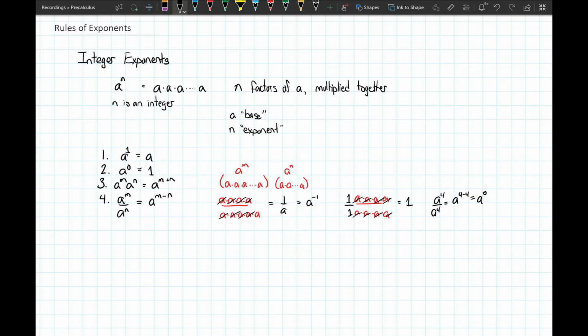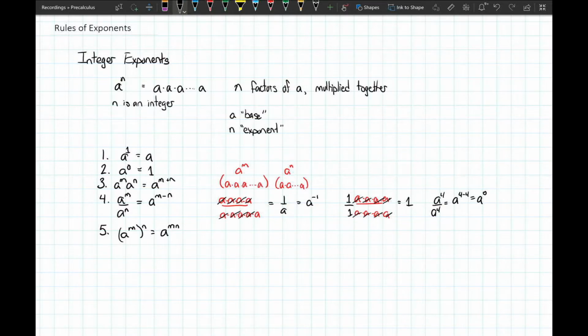Okay, now it's time to start taking more than one exponent and combining them together in a different way, where we have a base a to the power m, and then we raise that whole thing to the power n. So now you've got in the brackets a to the m, and then you're multiplying that whole thing by itself several times. As a result, you'll end up with a to the m times n.